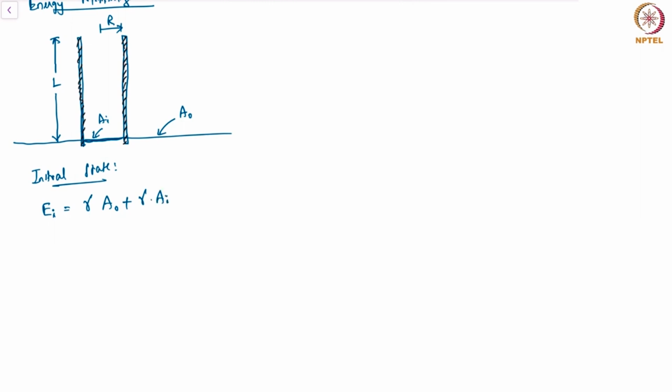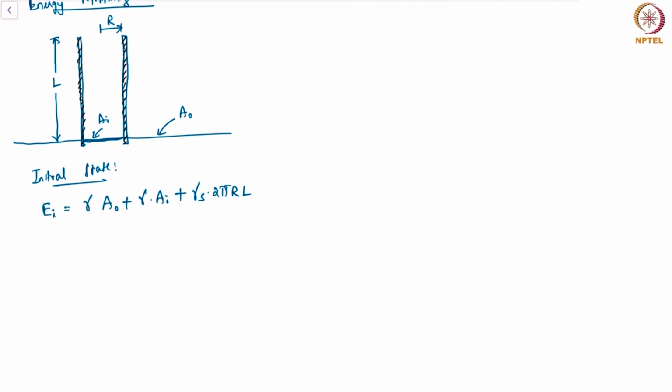Are there any other energies that we have to also consider? We also have to consider the inner surface area of the tube. That's basically gamma solid times 2 pi r times L. That is the inner surface area. I'm deliberately ignoring the outer surface area of the tube because it does not really contribute anyway. Well, we could still write it, but for now I will ignore it.